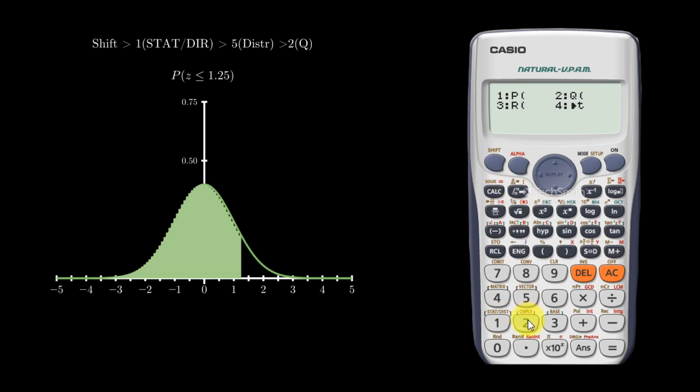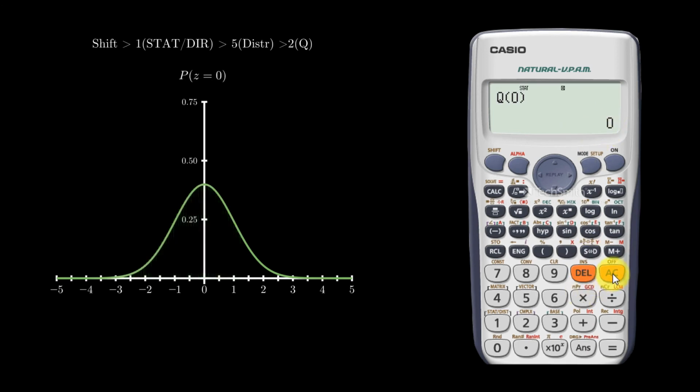Now we're going to access Q by again following the key press instruction written up above, and Q0 is just equal to 0 because that is the probability of z exactly equal to 0. But let's try Q1.25. Now this time, that is the probability where z is in between 0 and 1.25. This is exactly equal to the values that we get from the z table.